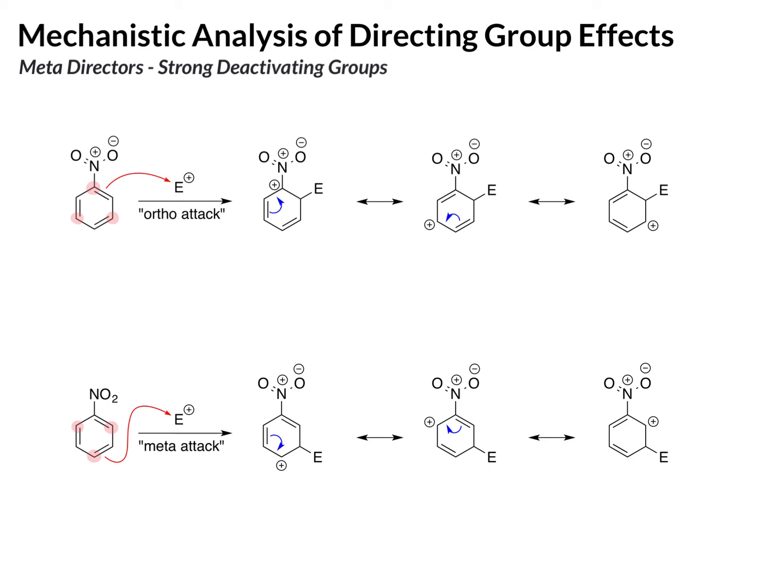So now, if we look at both of these, you're not going to find anything especially good. But one thing that should be glaringly obvious is something that's especially bad, and that is a positive charge next to another positive charge. 2 adjacent positive charges are especially bad.